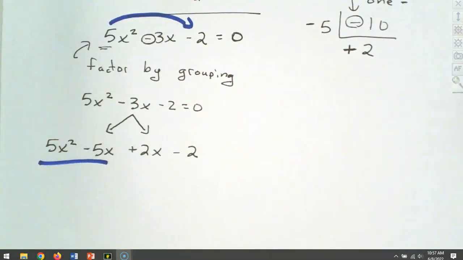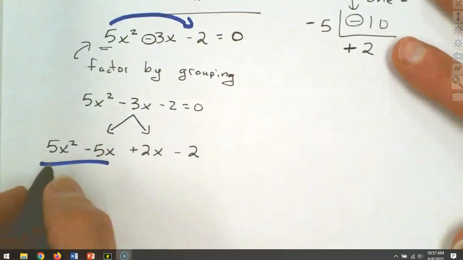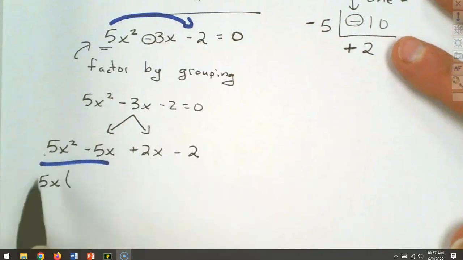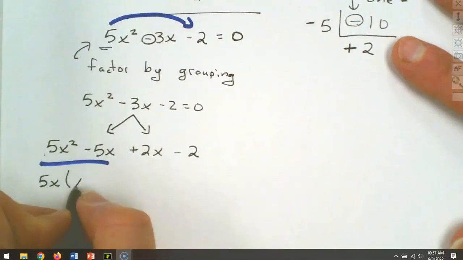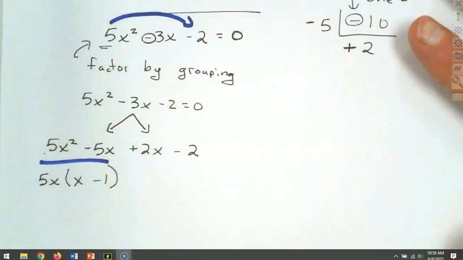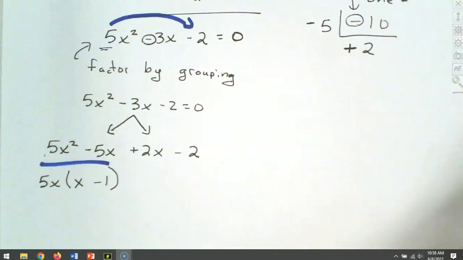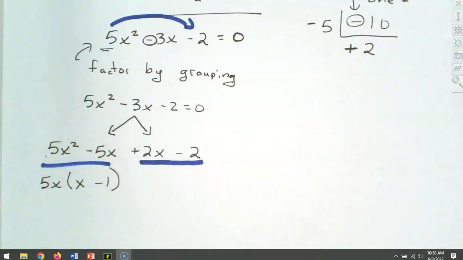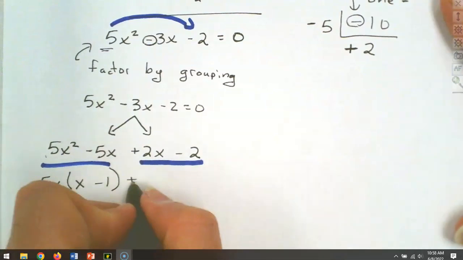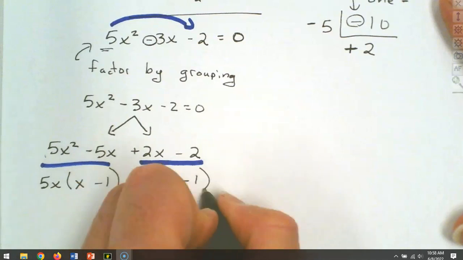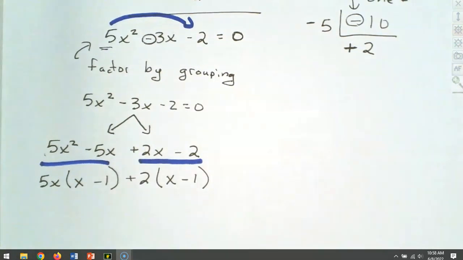First two pieces, what can come out? Yep, and a 5 as well, right? So 5's come out, x's come out. So that leaves you with an x minus 1 inside. Next two pieces, looks like these have a 2 in common, so that's going to also leave you with an x minus 1.